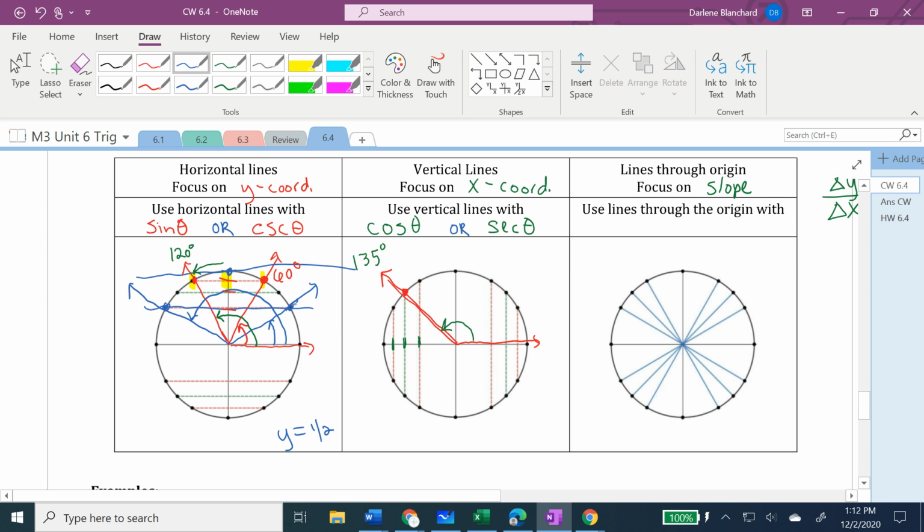And this first angle is 1/3 of the way through a quadrant. So how many degrees is 1/3 of the way through a quadrant? Yes. Good. 30 degrees.